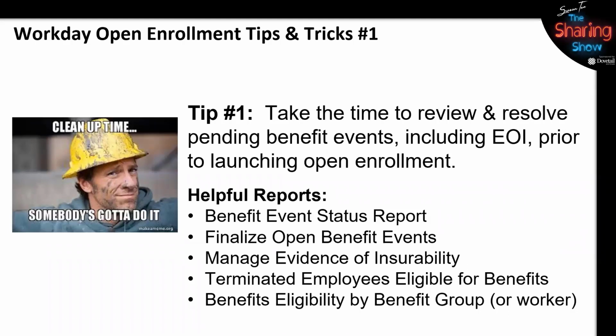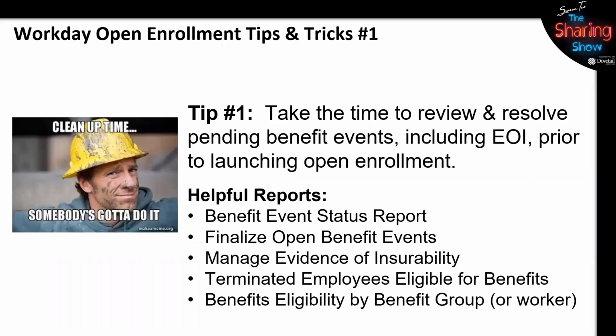Manage evidence of insurability. That report allows you to see who is still pending EOI and go ahead and mark those as either complete or approved or denied. Terminated employees eligible for benefits. That's a good report for identifying those terminated employees who might still be eligible for benefits, and then just taking a quick look at your benefits eligibility by benefit group or specific worker, just to make sure that all those things are lined up.